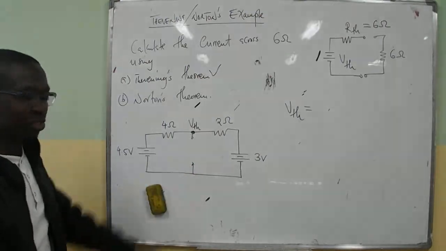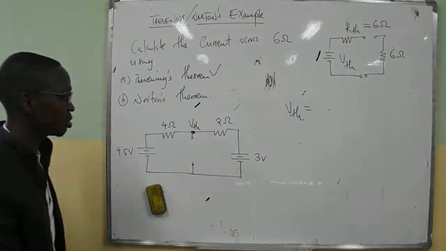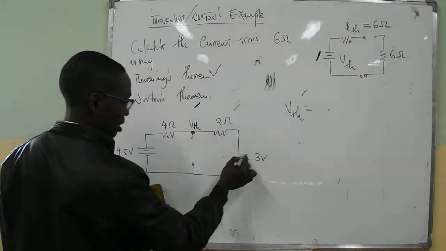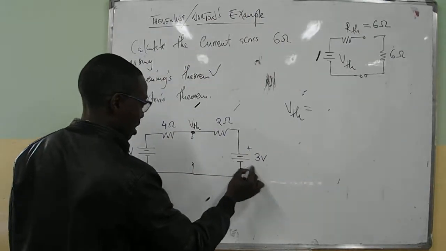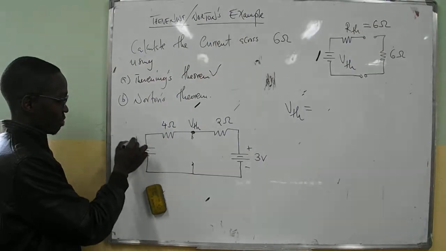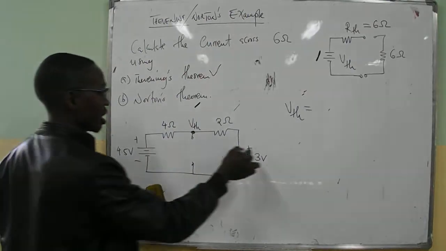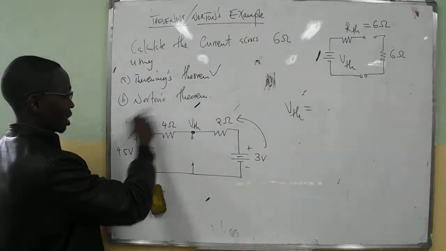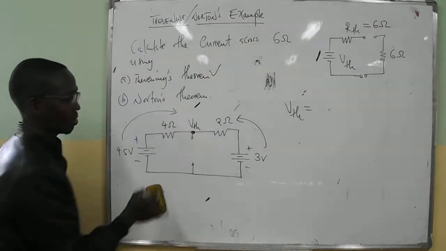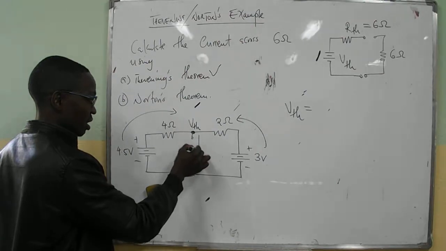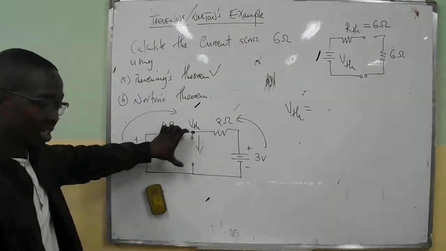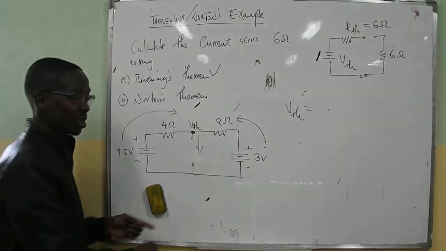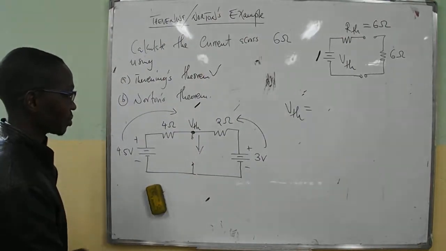So how do you find this? You can apply any of the rules you use to analyze circuits. You can realize that this is a battery terminal where you have a positive and a negative, and this is a battery terminal where you have a positive and negative. So you've got a current going this side, entering this node, and a current going that side, entering that node. You're supposed to have a current going like that, but since the load has been disconnected, this current is 0, there is no current actually going there.